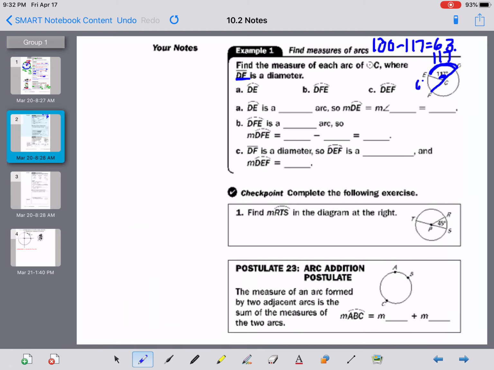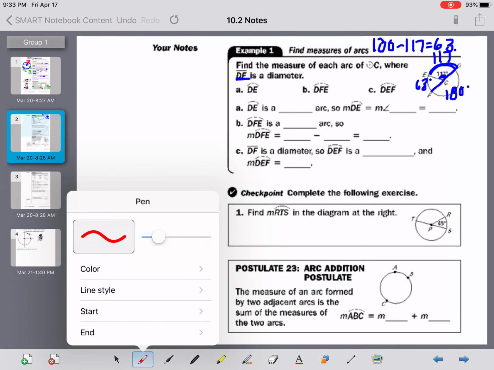So I know that I have 63 over here. And then, of course, over here, that full is 180 because it's the full semicircle. So I'm looking at just the picture first. Now let's go back and answer the questions they asked me about this picture.